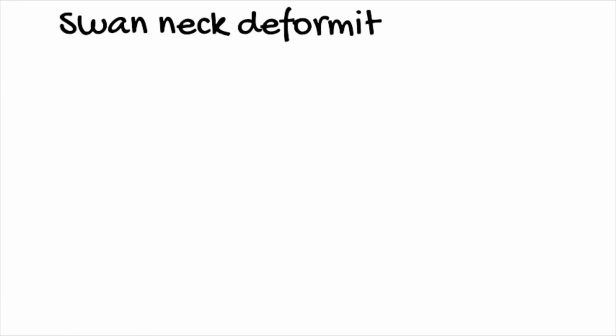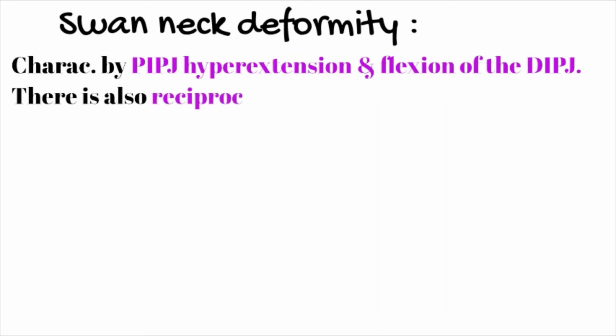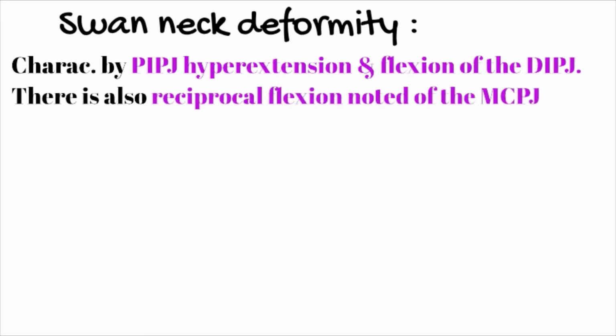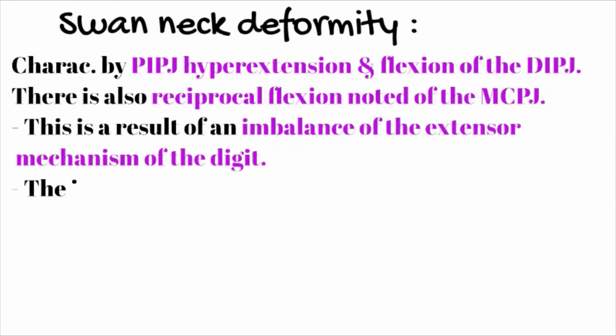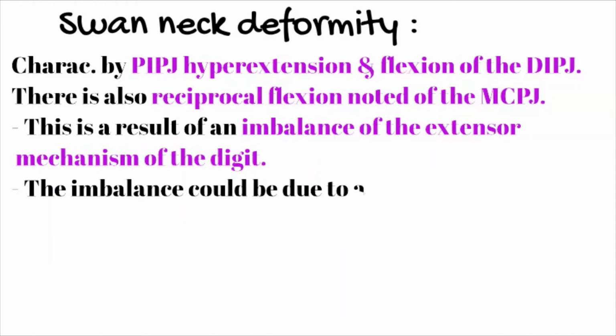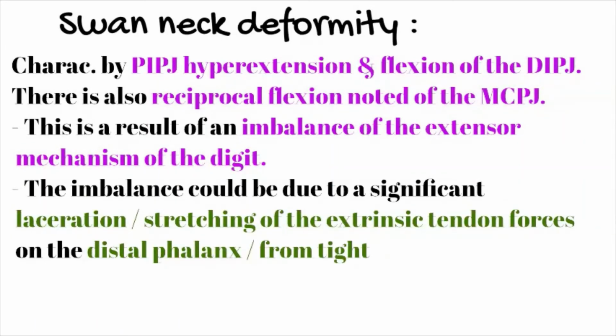Swan neck deformity is characterized by PIP hyperextension, proximal interphalangeal joint hyperextension, and flexion of the distal interphalangeal joint. There is also reciprocal flexion noted of the metacarpophalangeal joint. This is a result of an imbalance of the extensor mechanism of the digit.